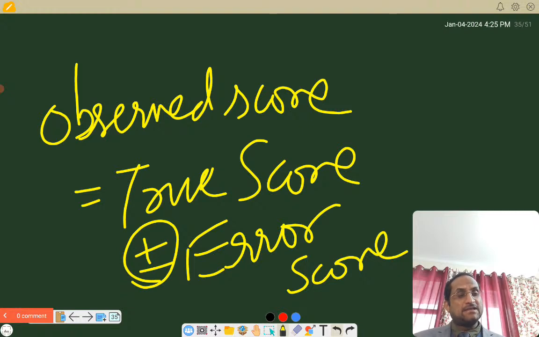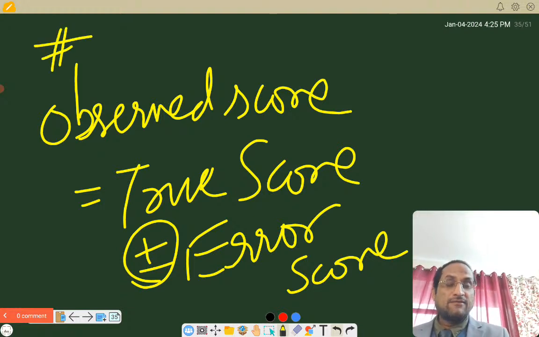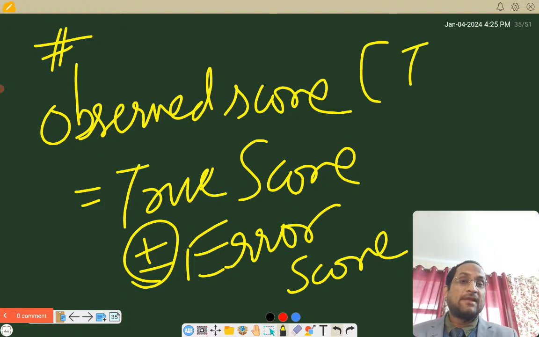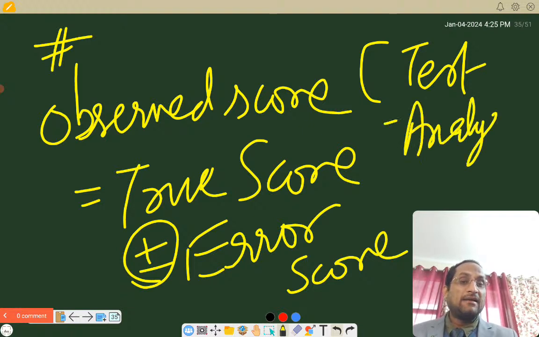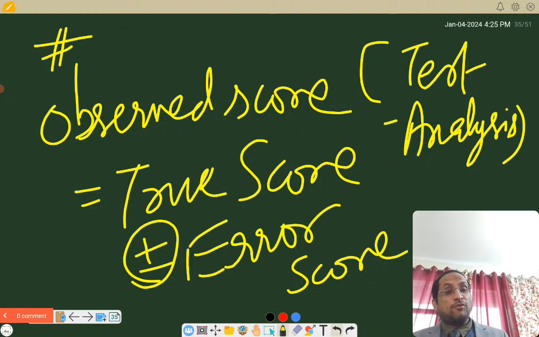This is the simplistic, non-statistical assumption, a simplified version of item analysis. But actually it is not an item analysis, it's a test analysis, because the analysis is being done in a non-mathematical manner, unlike the complex mathematical formula which will be followed in IRT, item response theory. So under classical test theory this was being done.